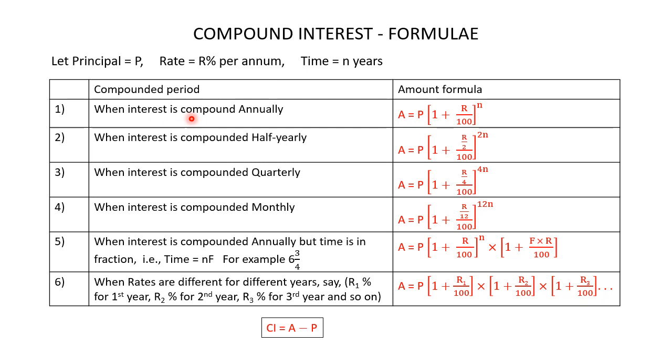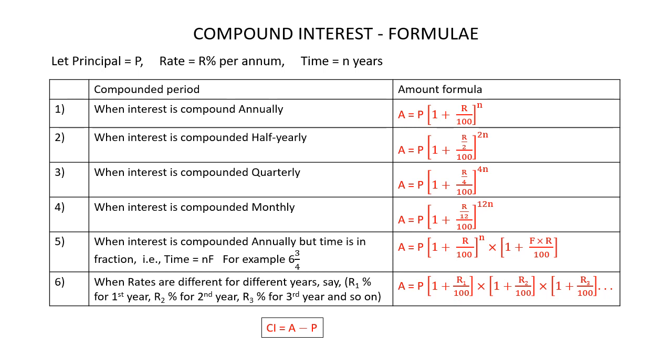Now when interest is compounded annually, amount can be calculated using the formula A is equal to P multiplied by 1 plus R by 100 raised to the power N. When interest is compounded half yearly. Now we know that in 1 year there are 2 half years. So to find the rate of interest for each half year, divide the annual rate of interest by 2.